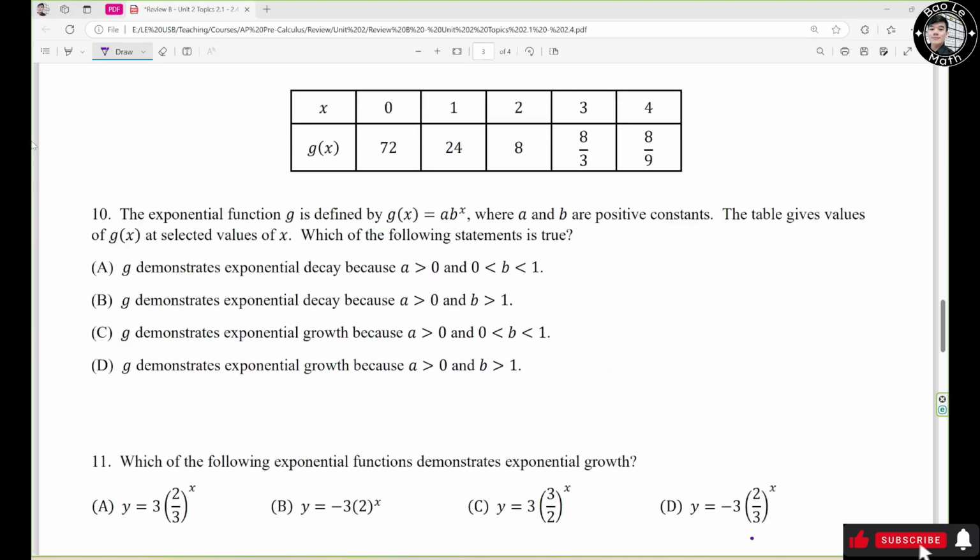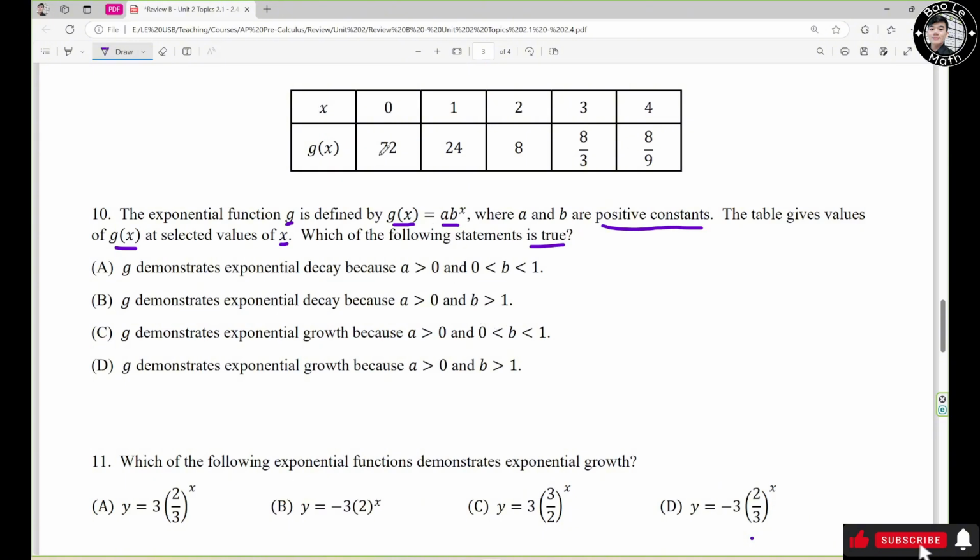Now let's move on to question number 10. The exponential function g is defined by g of x equals a times b to the x, where a and b are positive constants. The table gives values of g of x at selected values of x. Which of the following statements is true?